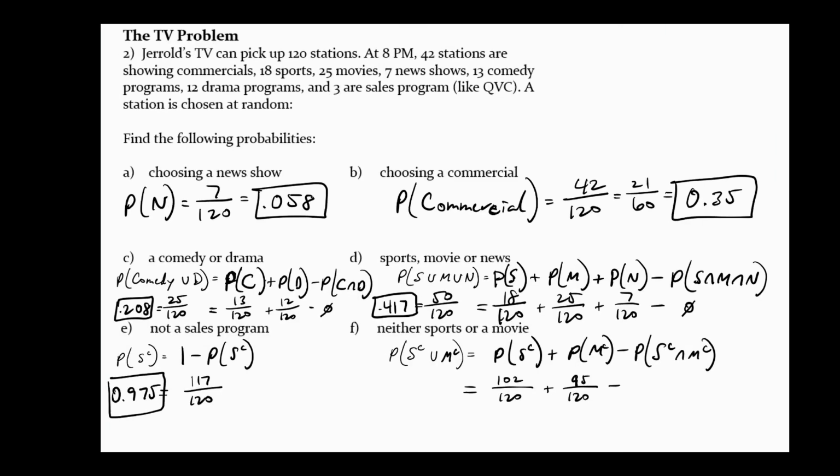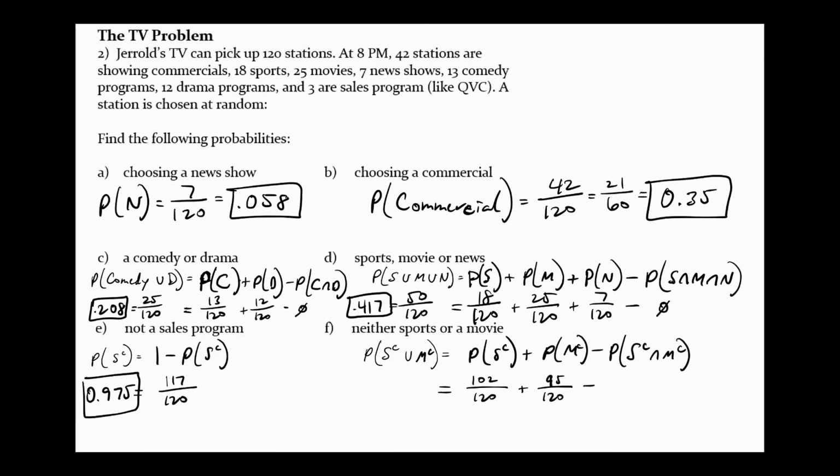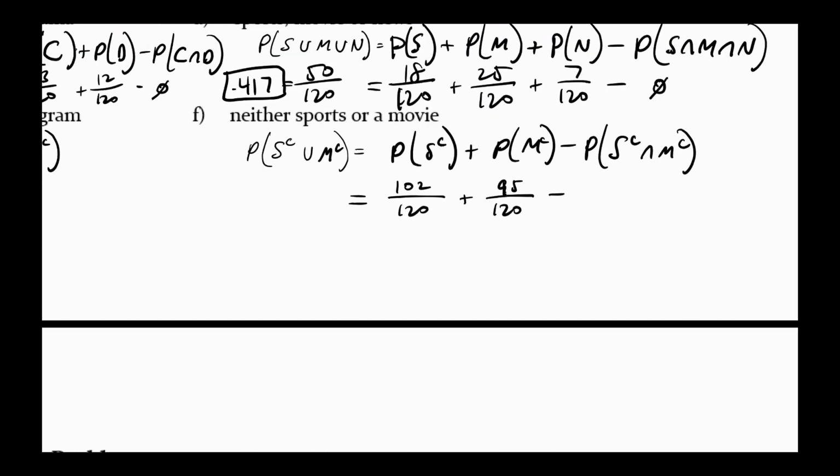Not sports, not movies would be commercials, news shows, comedy shows, drama, sales, everything else except those two. So those account for 43. 120 minus 43 is 77 out of 120.